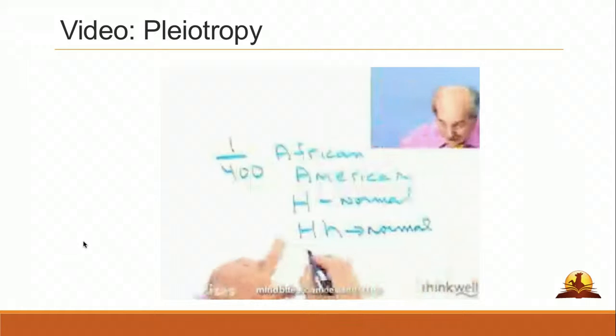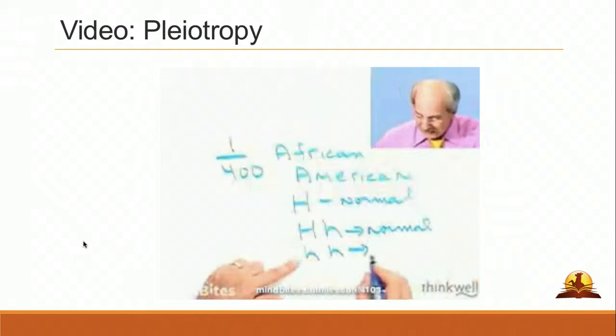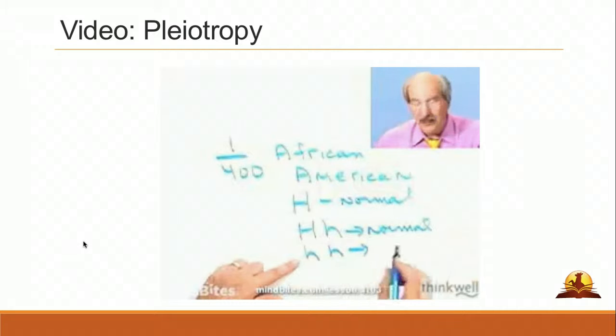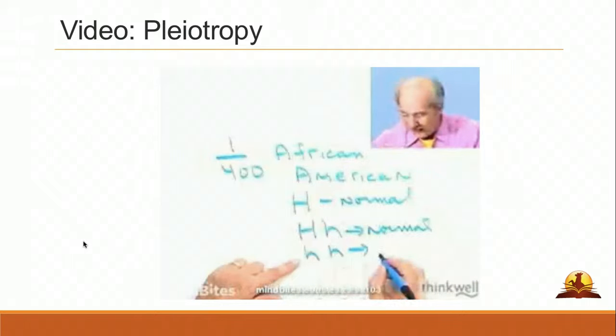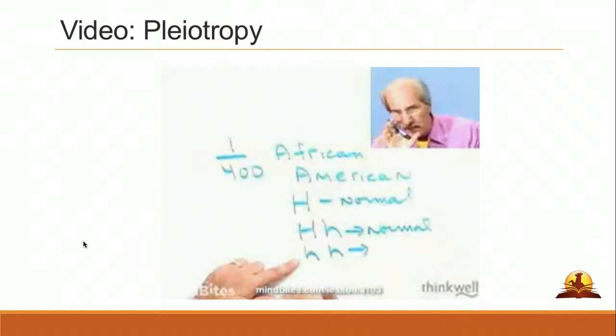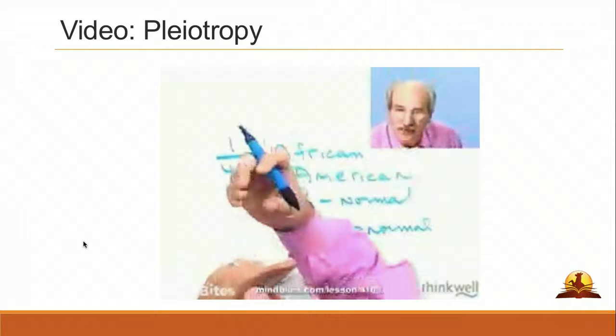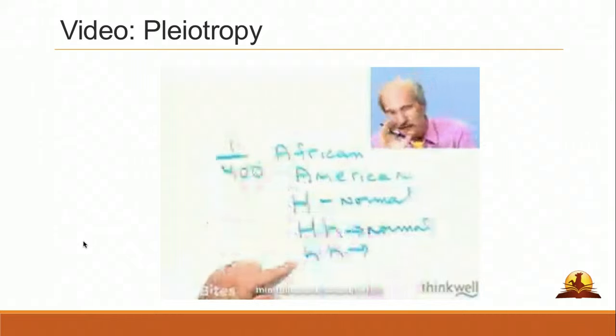However, someone who is little h does not make any normal hemoglobin, and in making no normal hemoglobin, ends up with a changed hemoglobin molecule, and that hemoglobin molecule causes the entire red blood cell, because remember, hemoglobin is a protein in red blood cells, to twist or sickle.